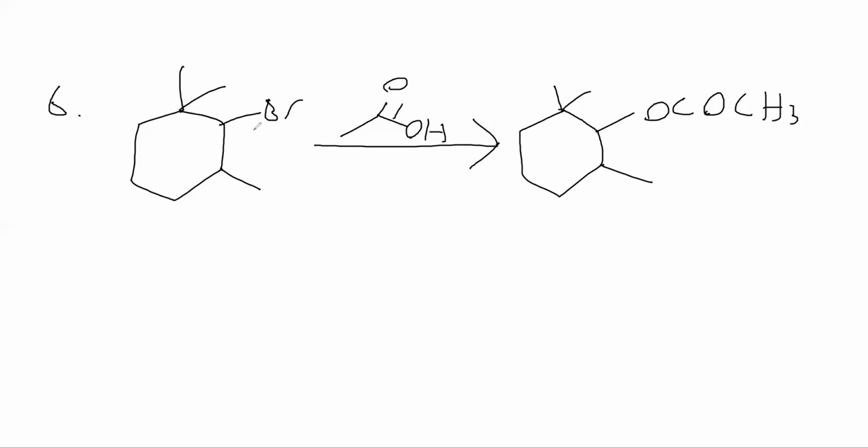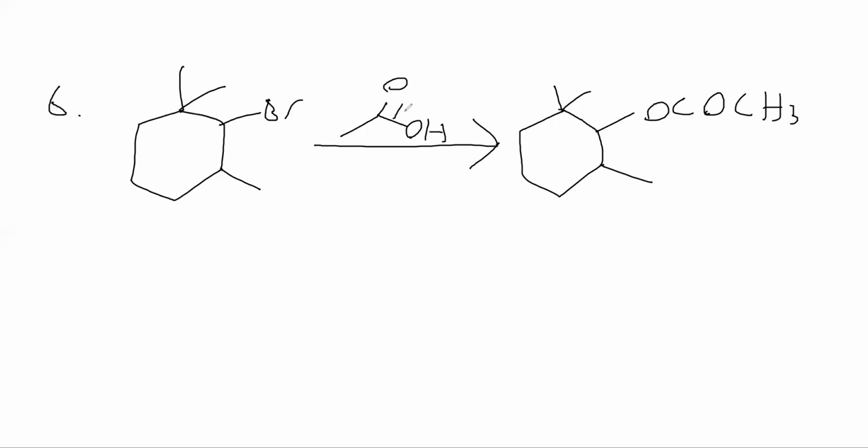So to be able to figure that out, the first thing you would do is figure out what kind of mechanism we are using to do the substitution. We have a secondary leaving group. I actually didn't mean to do this, but it's next to a quaternary position, so it wouldn't be good for SN2 because of that, but it could still theoretically do E2.